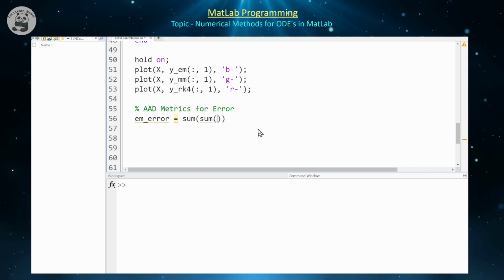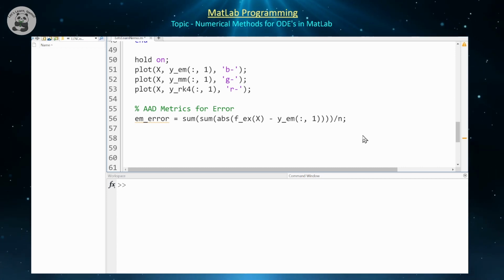Generally it's a matrix, but technically it's a vector, but you can always do sum just to be safe. And let's do the absolute value of the exact solution evaluated on our domain, minus the Euler method values. Right? And since it in some sense depends on the number of points that we have, let's divide by n just to make that metric a little bit smaller.